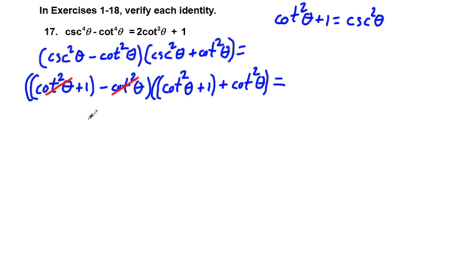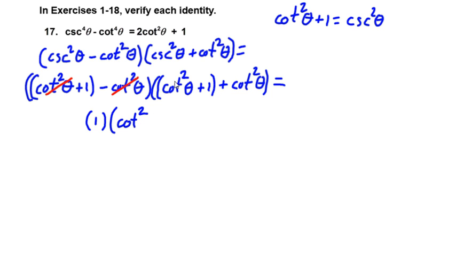So what we have left is 1. And then what we have left here at the right is cotangent squared theta plus cotangent squared theta plus 1.